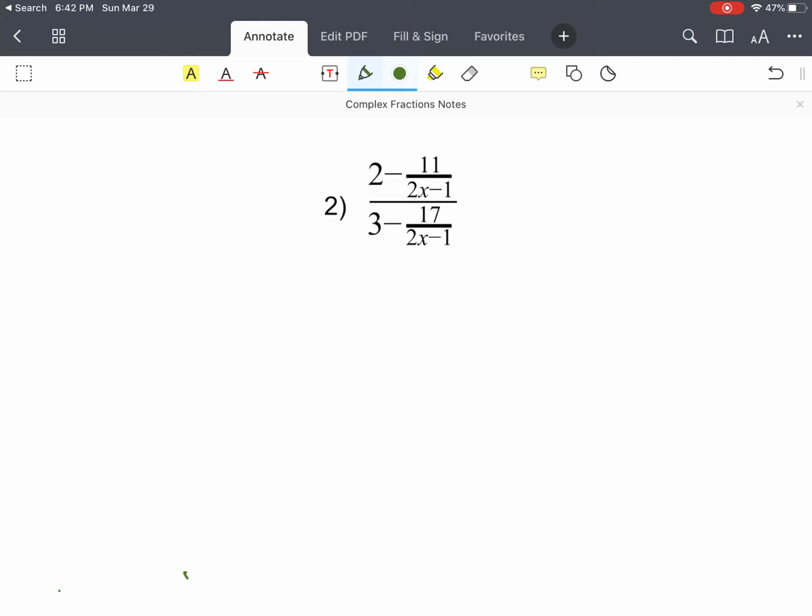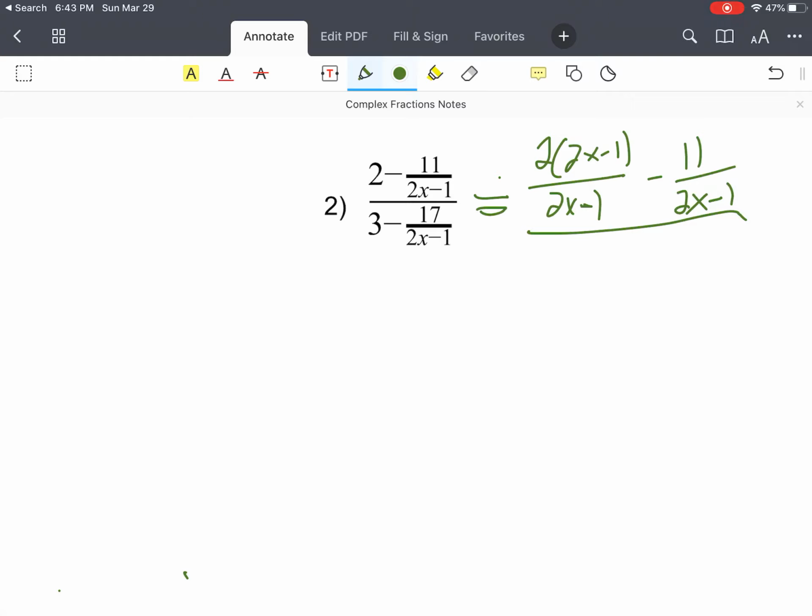So this is 2 times 2x minus 1 over 2x minus 1, minus 11 over 2x minus 1, all over 3 times 2x minus 1 over 2x minus 1, minus 17 over 2x minus 1.